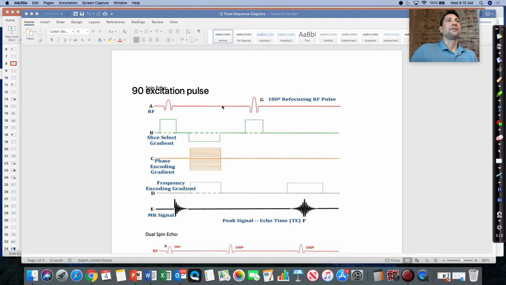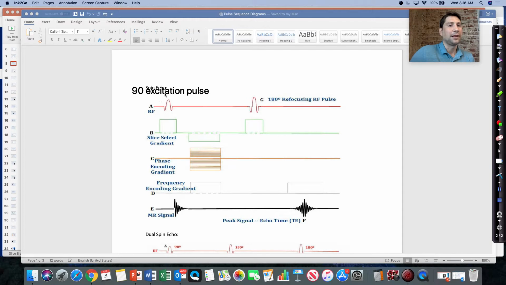Our net magnetic vector typically aligns at the beginning with the longitudinal axis. Longitudinal. So we flip it 90 because we generally collect the signal on the transverse axis. With our spin echo pulse sequence, we give it a 90-degree excitation pulse because that transverse axis is where we collect the signal, where we have that receiver coil.